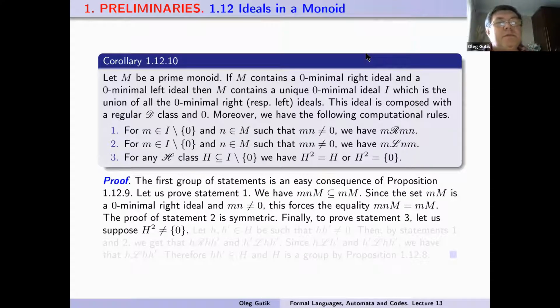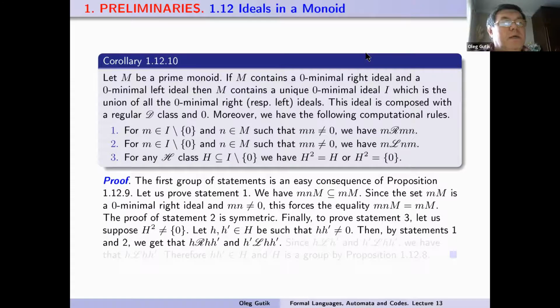Finally, to prove statement 3, let us suppose H squared is not equal to 0. Let h' be an element of the H class H such that h' is not equal to 0. Then by statements 1 and 2, we get that the elements h and h' are R equivalent, and h' and h' are L equivalent.